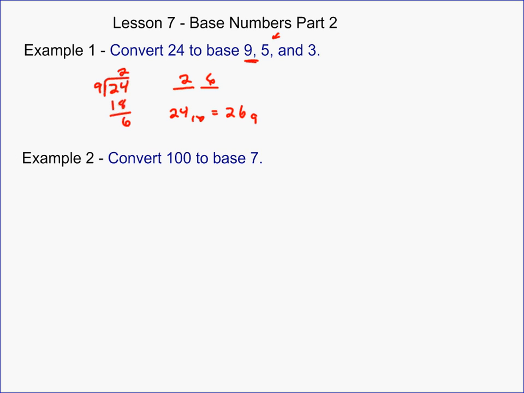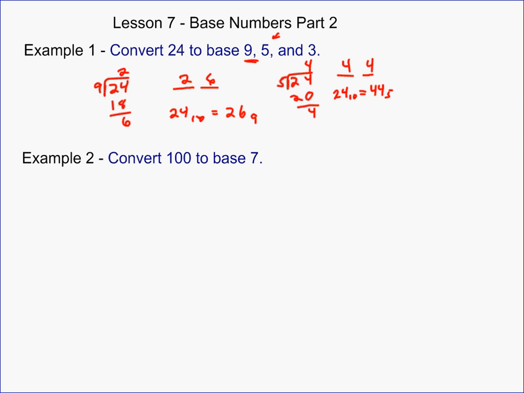And 25 is the next power of 5, and that obviously doesn't go into 24. So 5 goes into 24 just 4 times, and I have remainder 4. So in the fives place you've got 4 5s, and then 4 1s. So 24 base 10 is the same as 44 base 5.